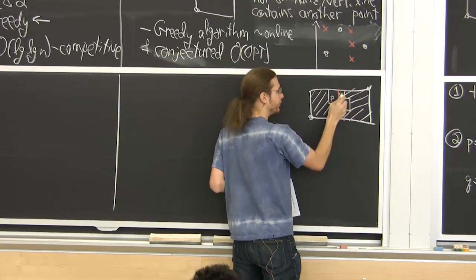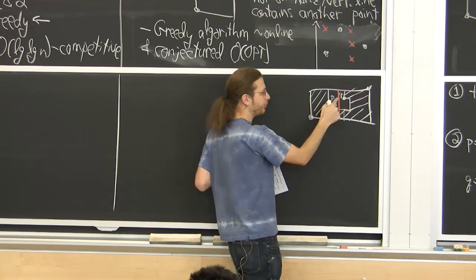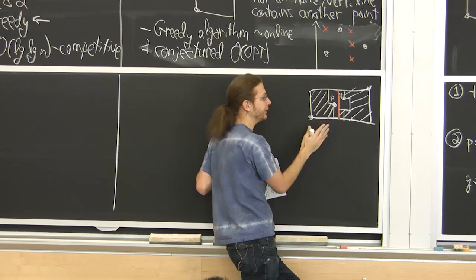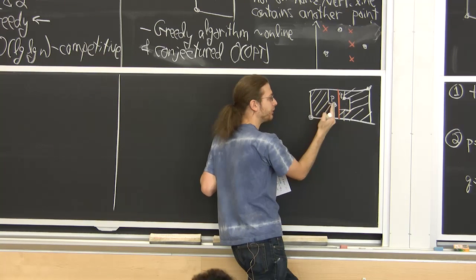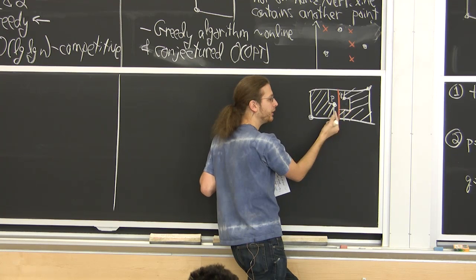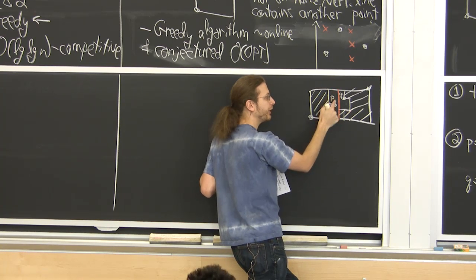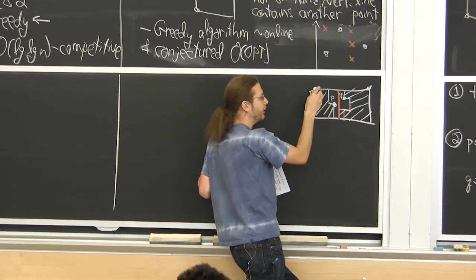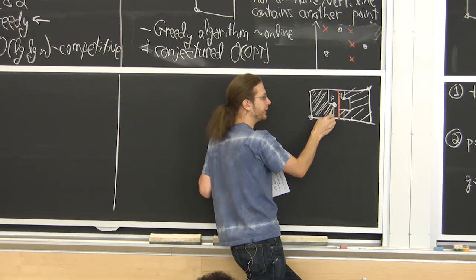This is Q. I claim that these black regions cannot have any points in them, because by definition P was in the rightmost column, so there's nothing in this strip in between P and the red line. And it was the topmost within the column, which means there's nothing above P in the column. So that's why all the points are confined to this region over here.